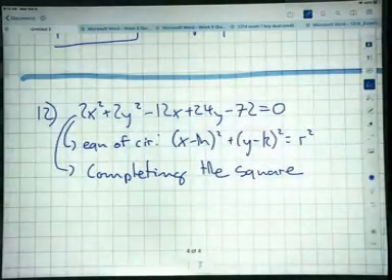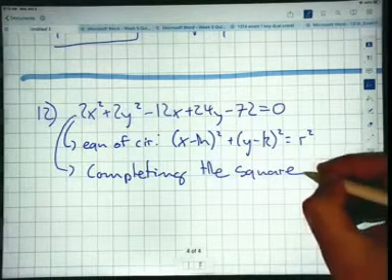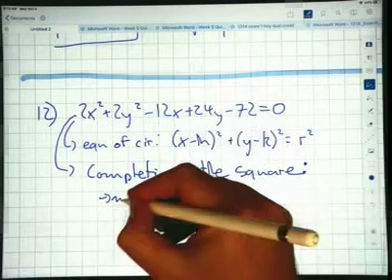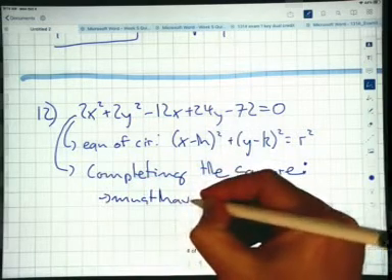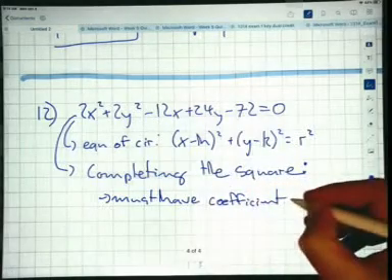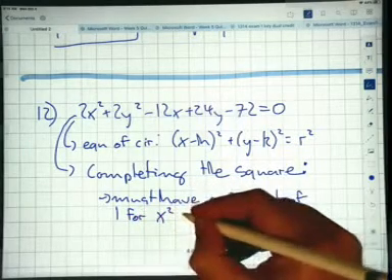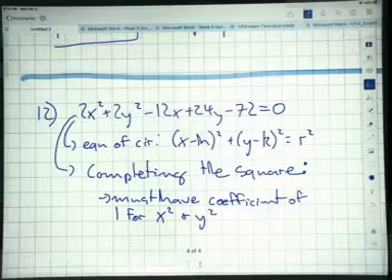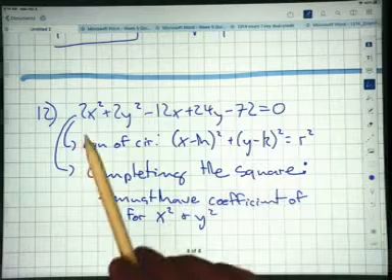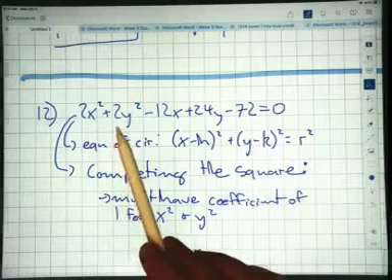In the process of completing the square, something we always need to make sure of is that we must have a coefficient of 1 for our x squared and our y squared. I notice that these both have a coefficient of 2, 2x squared plus 2y squared.